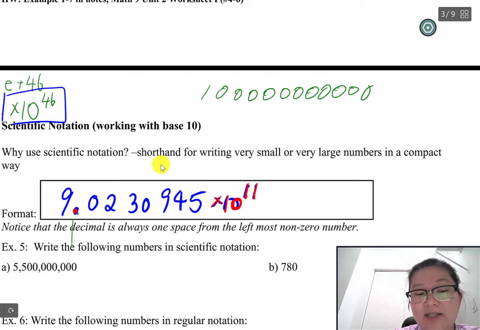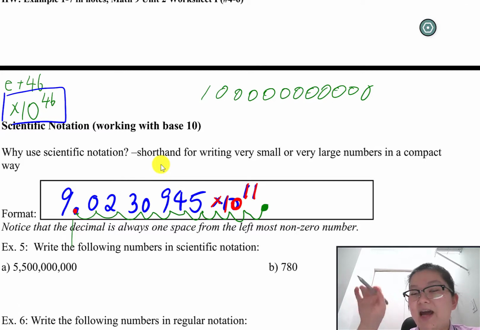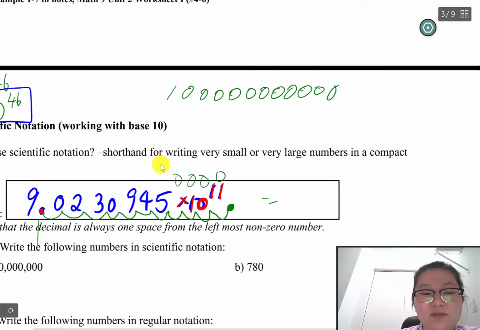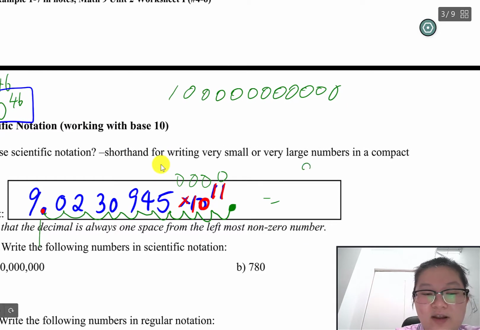So if I count 11 spaces, 1, 2, 3, 4, 5, 6, 7, 8, 9, 10, 11, that's ultimately where my decimal is going to end up. Every little bump that I have on the bottom, I'm going to put in a 0. So that's 1, 2, 3, 4 zeros, which means my final answer is going to be 9, 0.